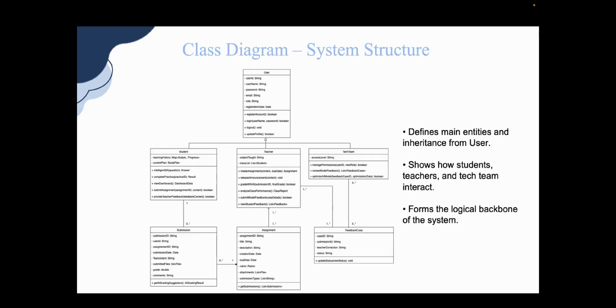Teachers can create and grade assignments, and the tech team reviews feedback cases and maintains AI models. The relationships include one teacher publishing multiple assignments, students submitting multiple submissions, and submissions linking to feedback cases. Altogether, this diagram defines the logical backbone of the system.